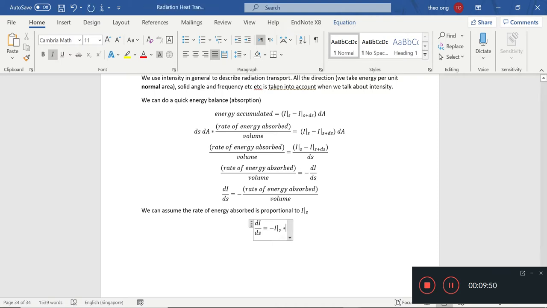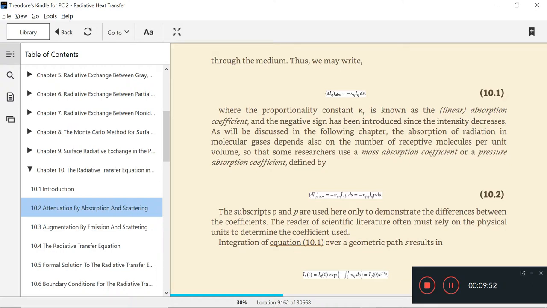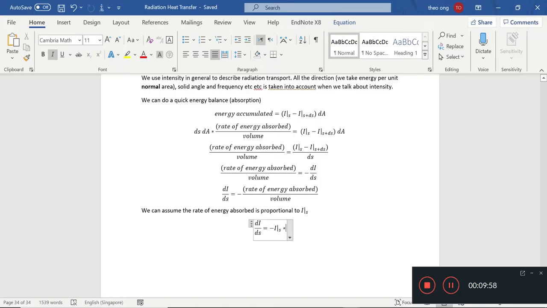What is the proportionality constant used? It is this little thing called kappa, kappa eta, or otherwise known as kappa lambda, otherwise known as the absorption coefficient. It can be dependent on the wavelength, which is why I use lambda.